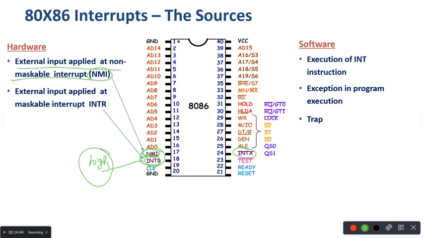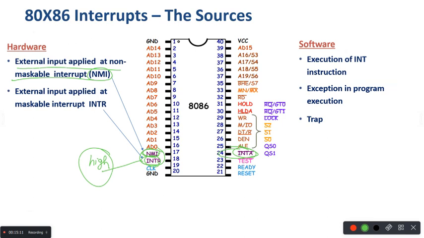Can you see there is one interrupt acknowledgement pin here? It will send a low. That means it will accept whatever key is pressed on the keyboard, and that particular interrupt service routine is executed, which does the acceptance of the key pressed into the AL register. Otherwise, it won't execute that.